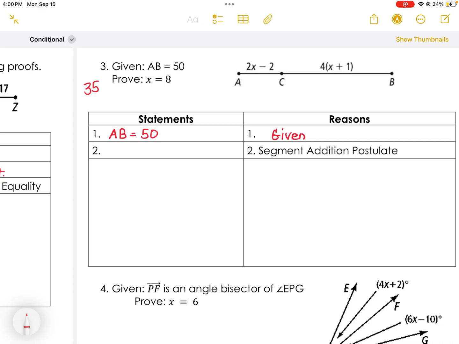For my second step, where it says segment addition postulate, I would say that AC plus CB equals AB. And then by substitution, I would say that AC plus CB equals 50.